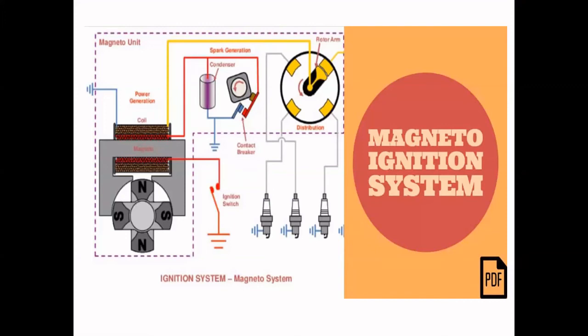This is a disadvantage, and it can be prevented or minimized by using an external source, like a battery, at the initial stage of the engine. And see another disadvantage associated with this system.